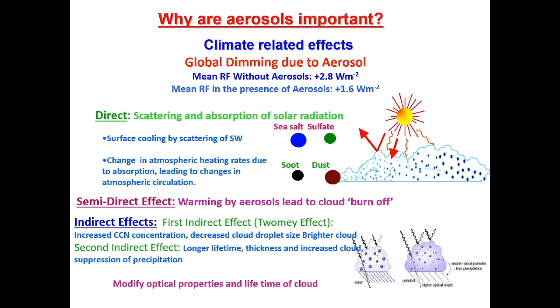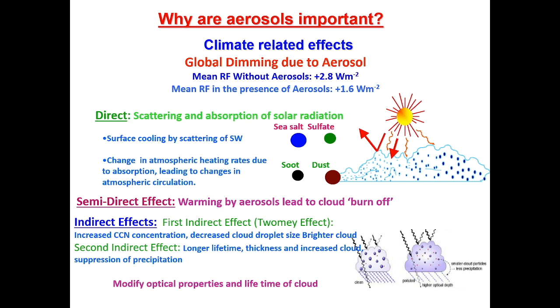Now these aerosol particles affect the radiation through aerosol radiation interaction in several different ways, and the most common way is the direct effect. These aerosol particles absorb solar radiation, and they also scatter the solar radiation. So through the process of scattering and absorption, they directly affect the radiation which is coming from the sun and reaching the surface. That is why there is surface cooling by the scattering, which usually takes place in the short wave range.